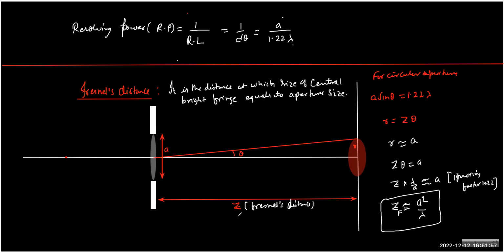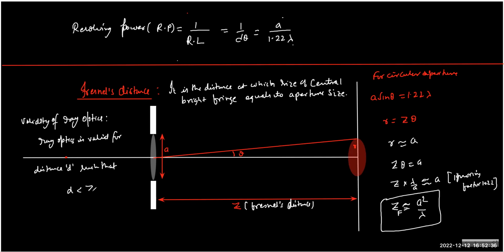If the distance is more than the Fresnel distance, diffraction will be a prominent feature, so ray optics will not be valid. So ray optics is valid for distance d such that d is less than the Fresnel distance.